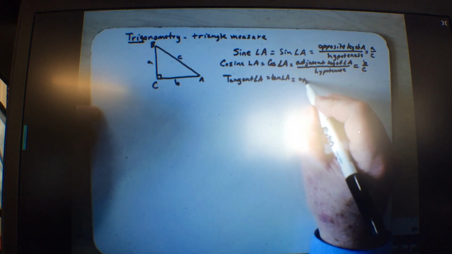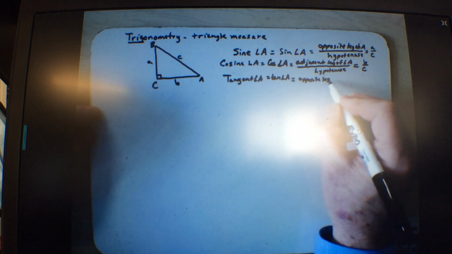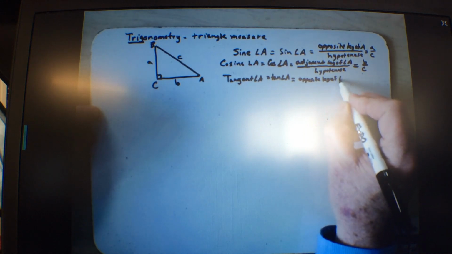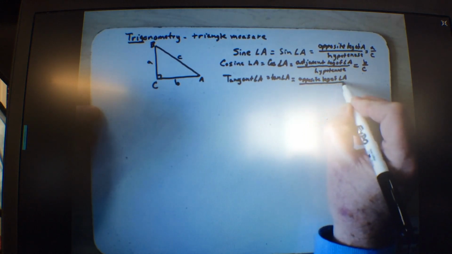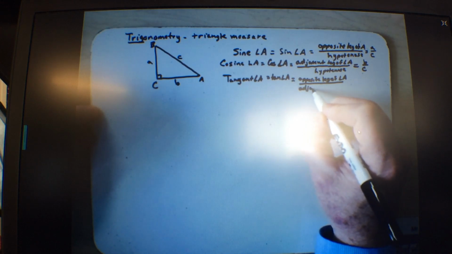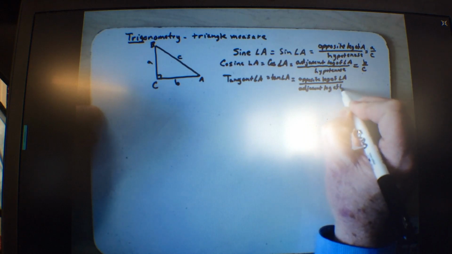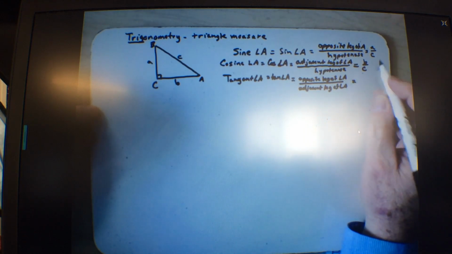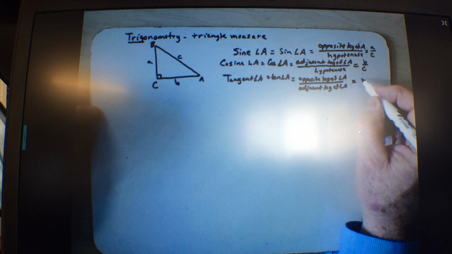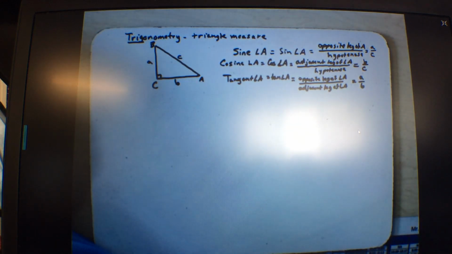And it is the opposite leg of angle A over the adjacent leg of angle A. So it is actually the opposite, which is A over B. Okay?